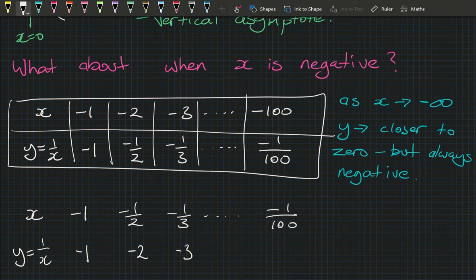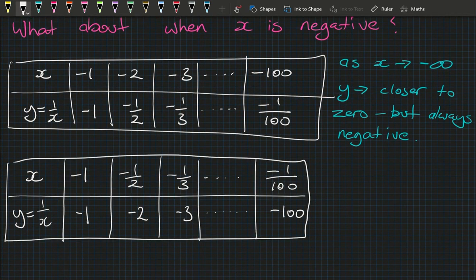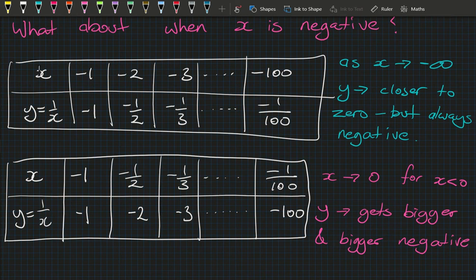And if we kept on going smaller and smaller, you'd see that we'd get bigger and bigger numbers until we get to -1 on 100, we'd get -100. And by bigger and bigger, I mean bigger negative numbers. Alright, let's close off that table. So as x heads towards 0 for x less than 0, y is getting bigger and bigger, but bigger negative numbers.